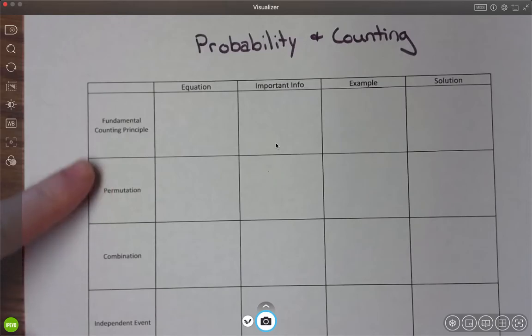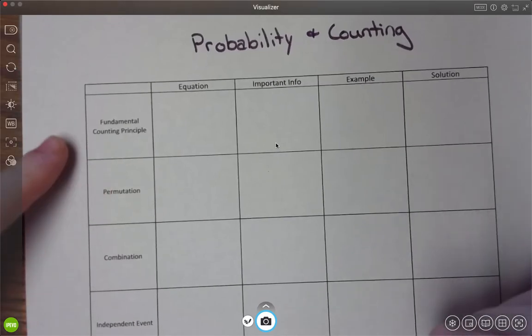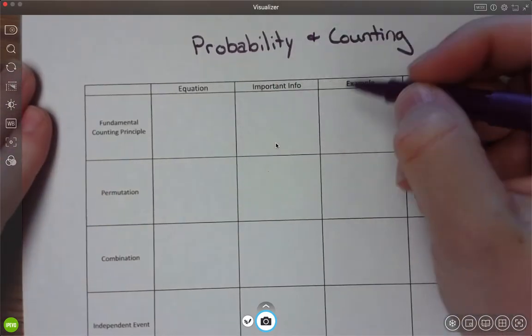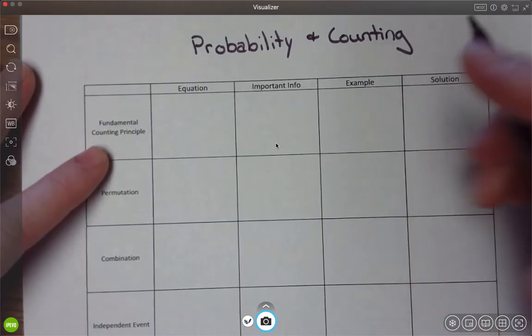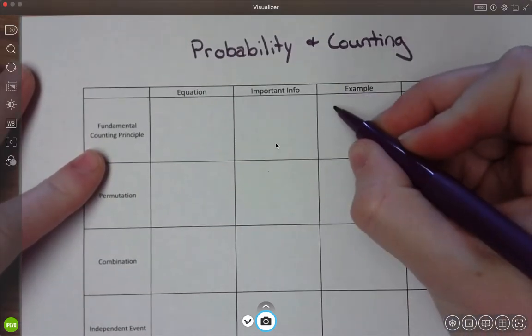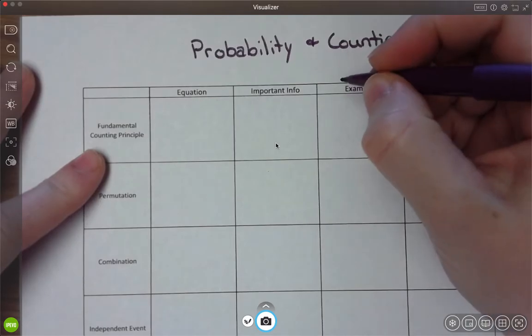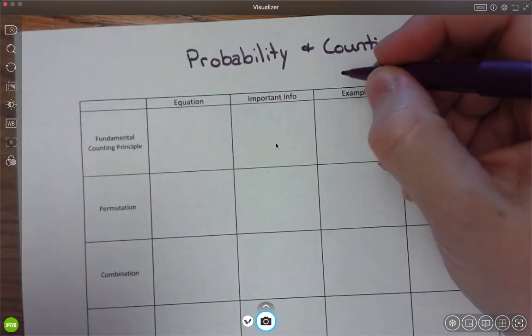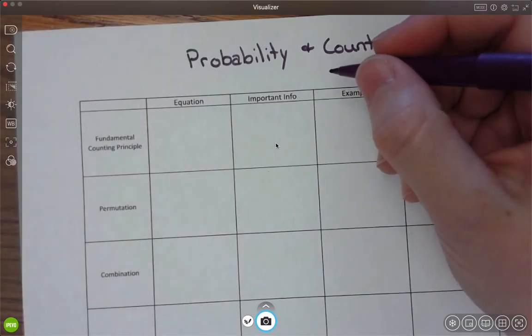Starting with the fundamental counting principle, I'm going to start with an example that would use it. This would be like I have 3 pairs of pants, 4 pairs of socks, 5 shirts. How many outfits can I make?